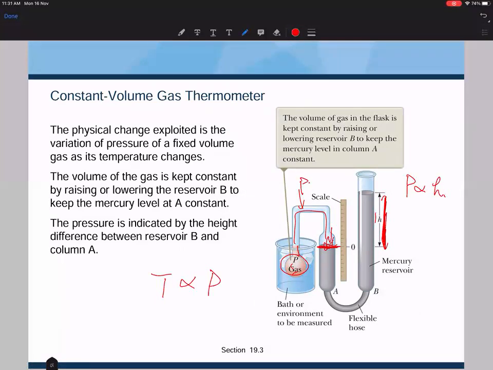That relates to an important topic in thermodynamics, the ideal gas law, which is mentioned in the later part of chapter 19.